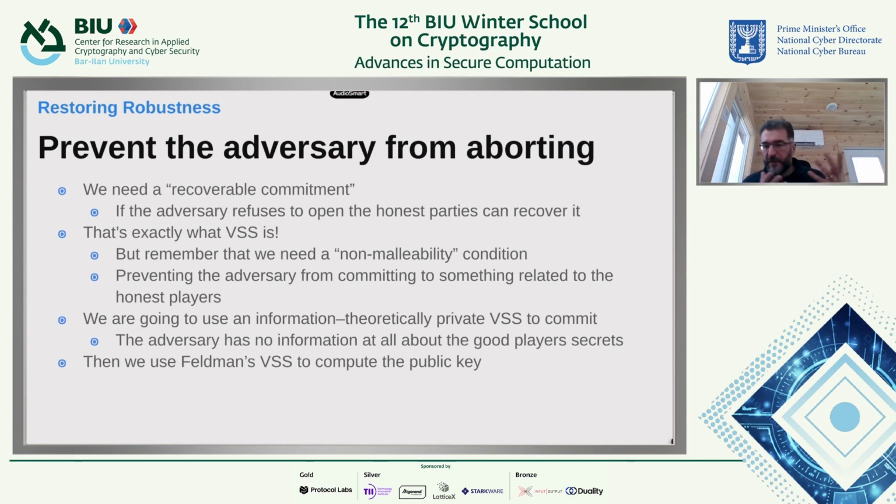That's a possibility. I don't know if anybody has done it. And the other way is to run a Pedersen information theoretic VSS and get G to the X out in a better way than running another VSS.